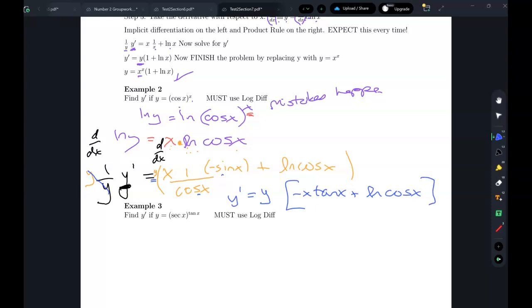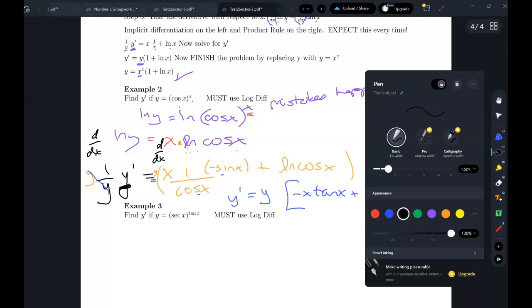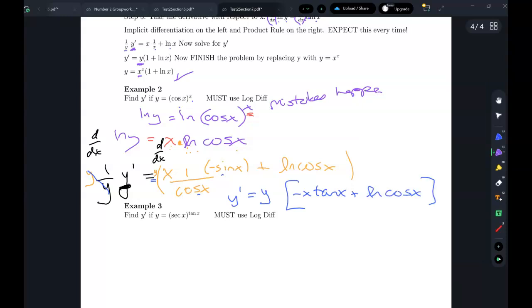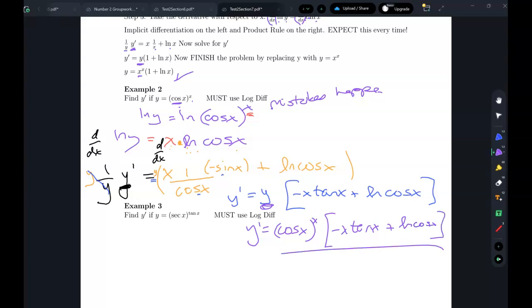It's a lot less to type, right? So you finish it off by putting in the fact that y is equal to this. So your final answer will be cosine of x to the x power, times negative x tangent of x plus ln cosine of x, and that's the answer.